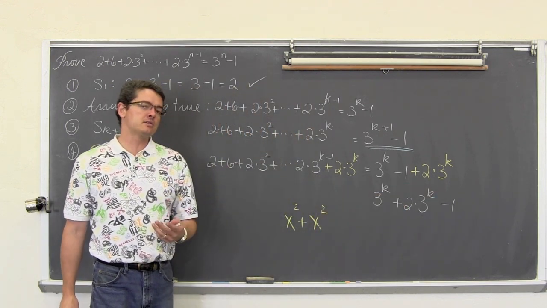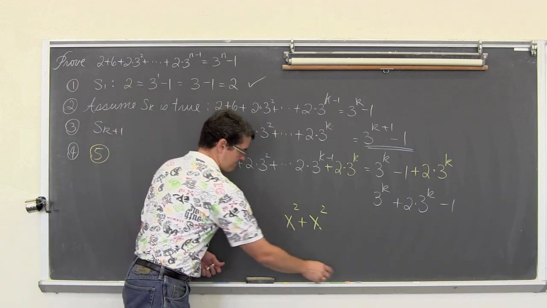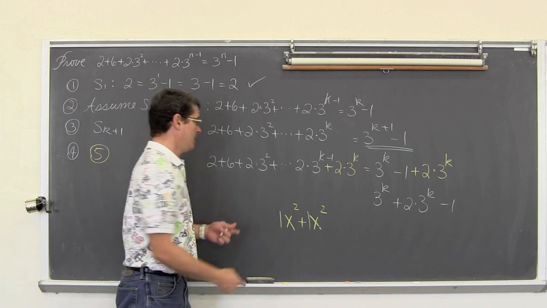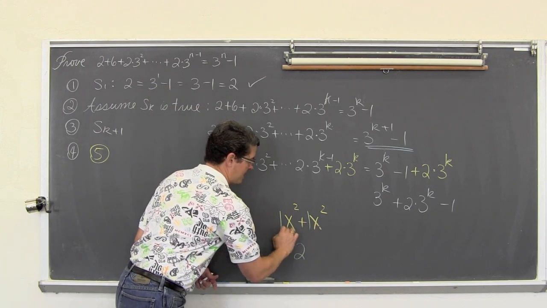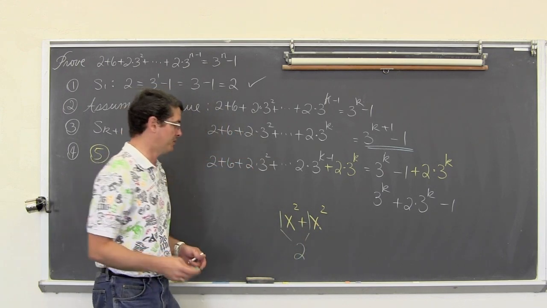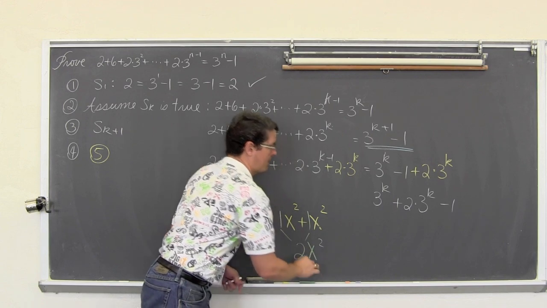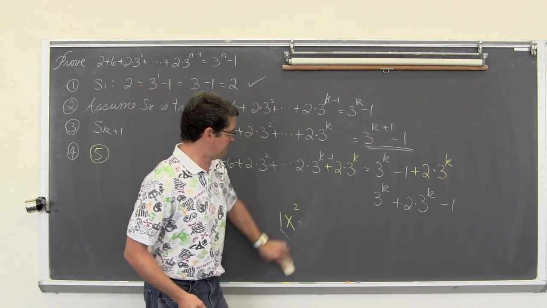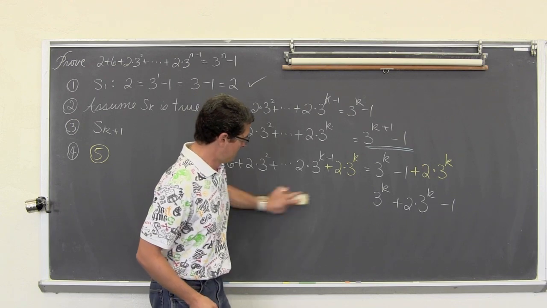And we are adding like terms. These x squareds have leading coefficients of 1. And so when you put these together, you just add the leading coefficients, 1 and 1 is 2, and you get 2x squared. So this is actually a little bit easier than the one I did in my class.